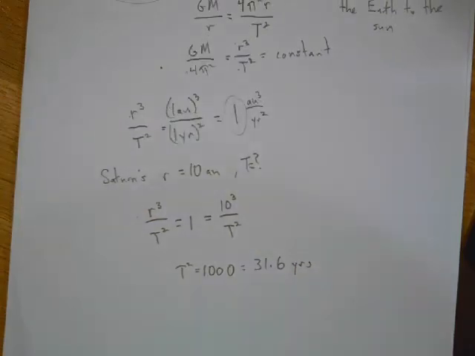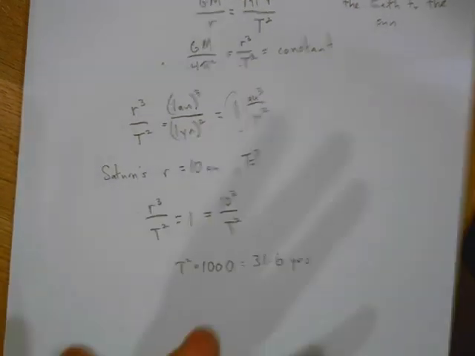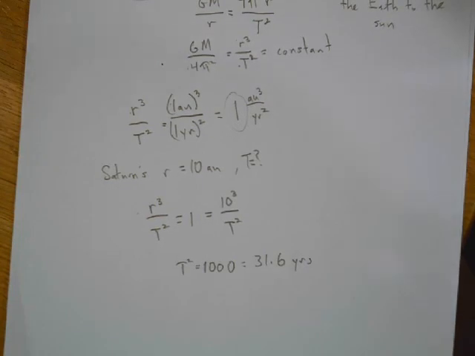So it takes Saturn 31.6 years to go around the Sun. That's the length of the Saturn year. Isn't that cool? Isn't that nice and easy how that works?